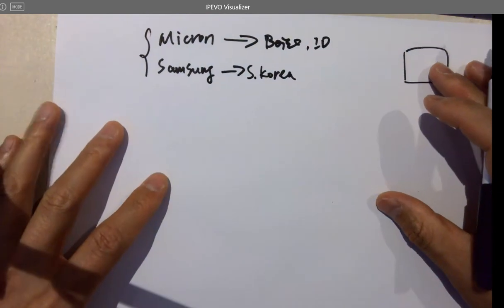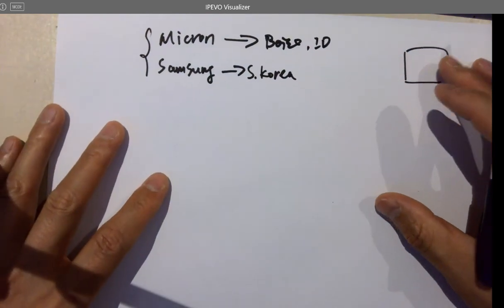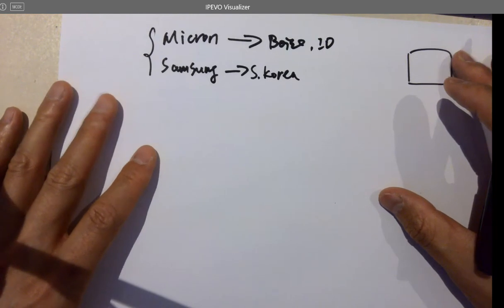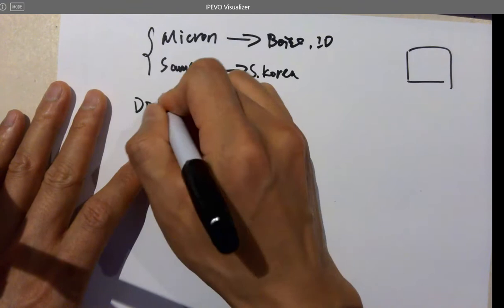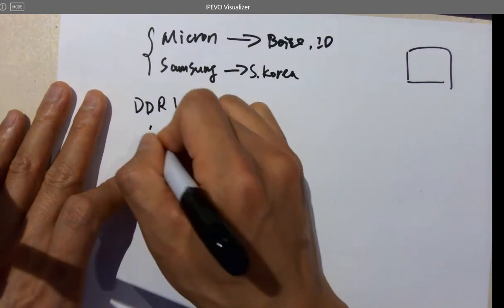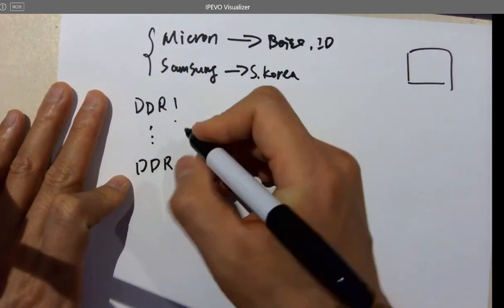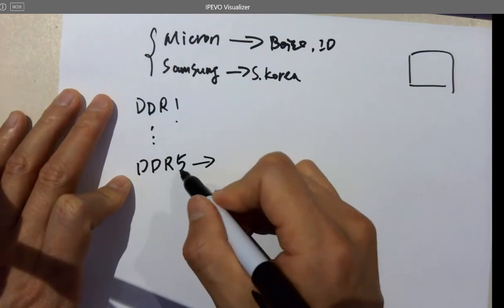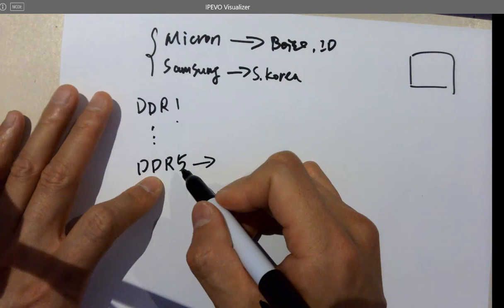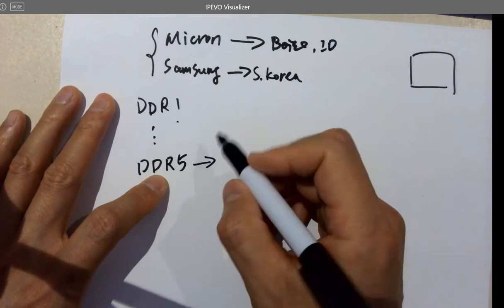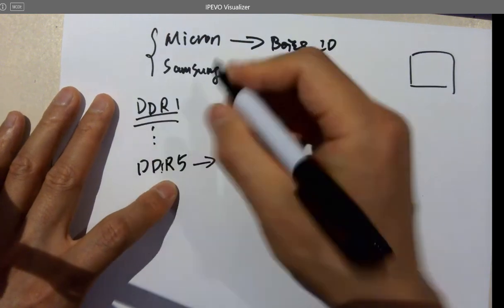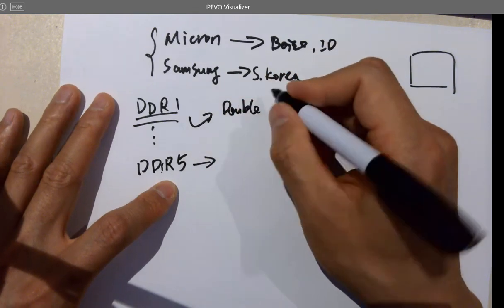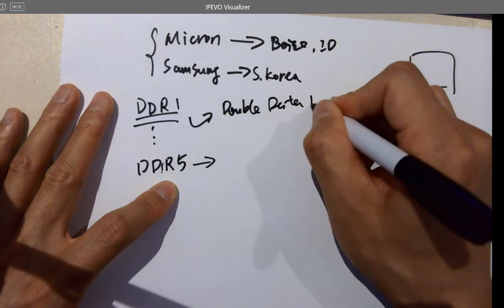When we are looking for RAM cards on Amazon, you'll see the names like DDR1 until DDR what right now? 5. So DDR5 is the fifth generation of DDR memory. What does DDR mean? It's double data rate.